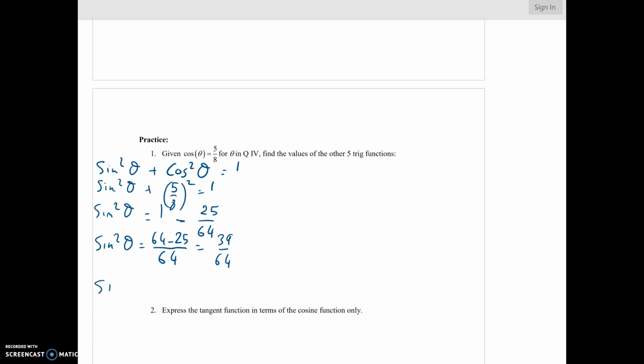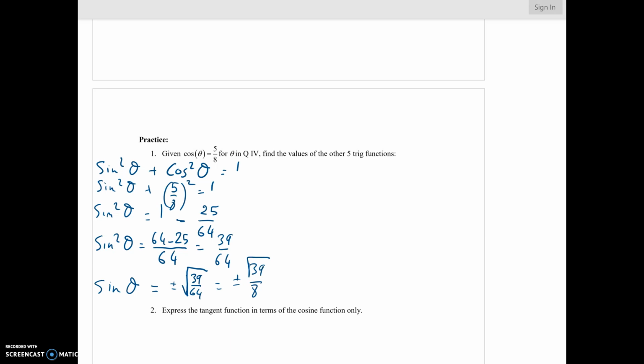Now, sine theta is going to be equal to plus or minus the square root of 39 over 64, which is plus or minus square root of 39 divided by 8.